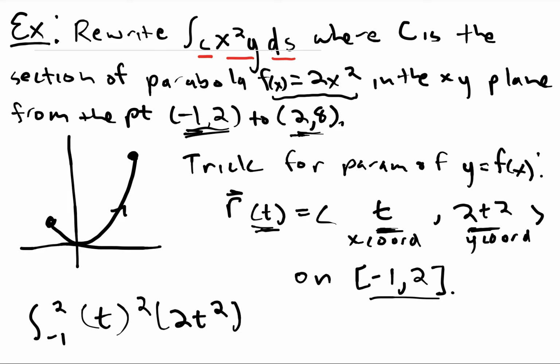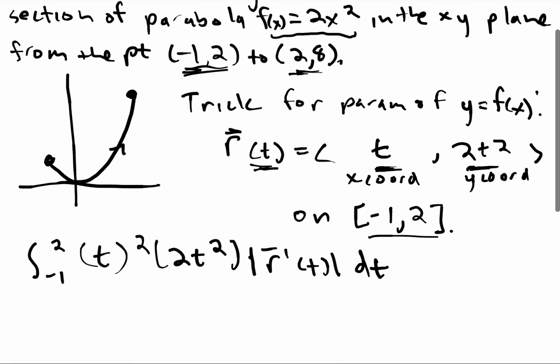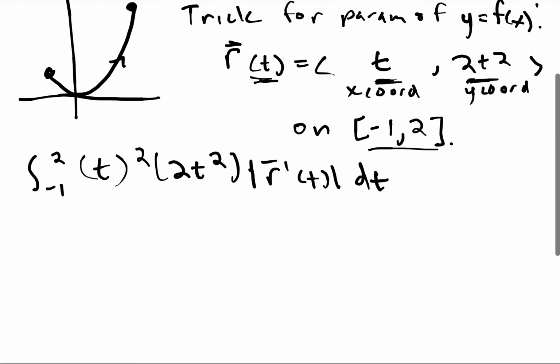Instead of ds, we want to tack on r prime of t dt. Well, take the magnitude of your r prime first. So if I go ahead and clean that up, your r prime in this particular case, I'll go ahead and simplify this.